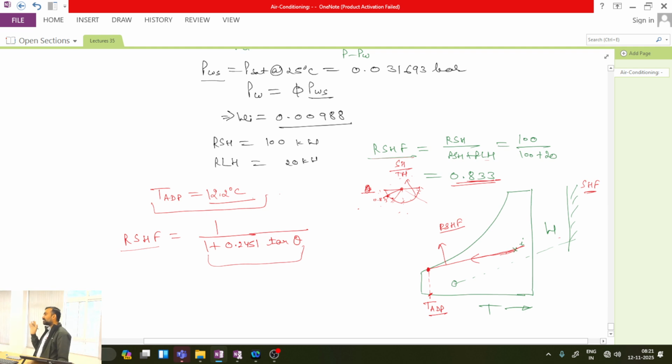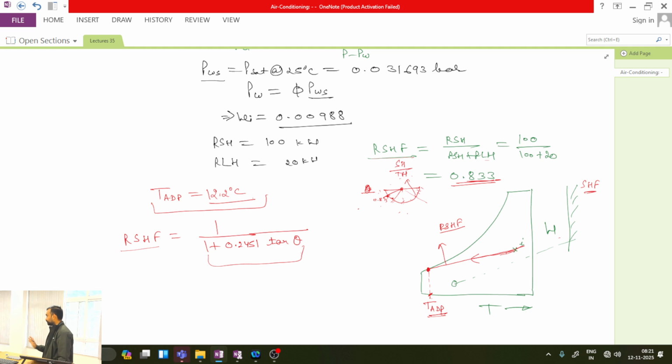You first calculate RSHF, then locate state I and pass the line parallel to the RSHF line. When this line intersects the saturated curve, the corresponding temperature is your apparatus dew point temperature.